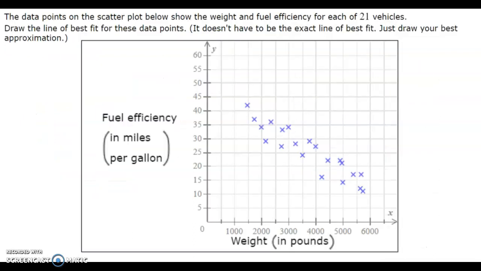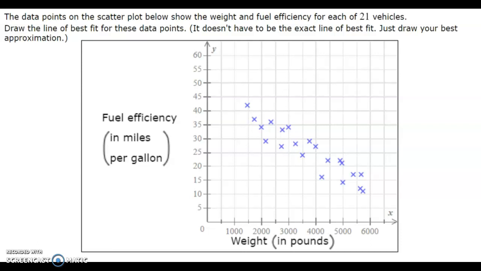Now, what we're actually going to do with these scatter plots is, for the most part, you're going to be given scatter plots. So the data points on the scatter plot below show the weight and fuel efficiency for each of 21 vehicles. So there's 21 points on that graph. Draw the line of best fit for these data points. It does not have to be the exact line of best fit, just draw your best approximation. So there's not technically one right answer here on Alex, but the line of best fit, the way that I can best describe that, is the line that you can draw that goes through what you think is the centermost point of all the data.